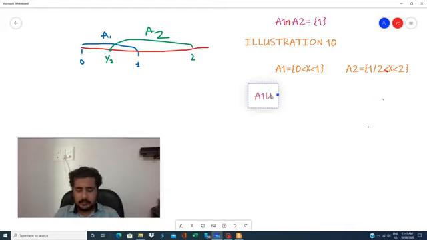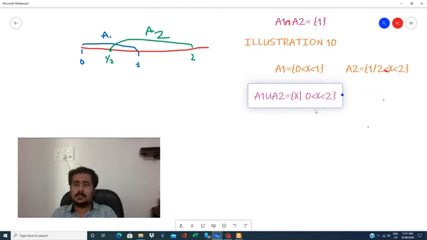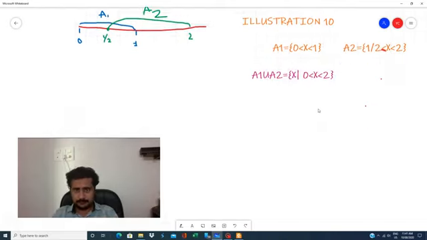A1 union A2 will be 0 less than x less than 2. So 2 will not have equal to because in A2 equal is not there, and 0 will not have equal to as in A1 0 is not included. In union, the element should be in at least one, either in A2 or in A1.